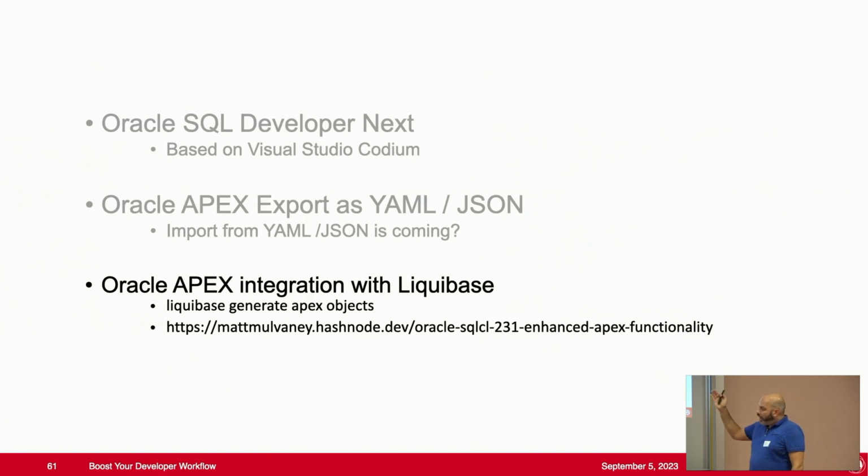And another thing I still have to look into: in one of the recent releases, they made it possible to export Apex and send it to Liquibase. I haven't looked into that yet, but it seems like a really good method to do our version control with Git and Liquibase, etc.